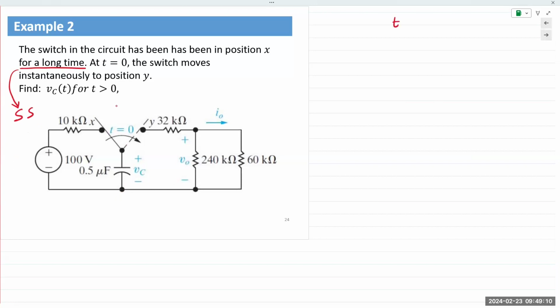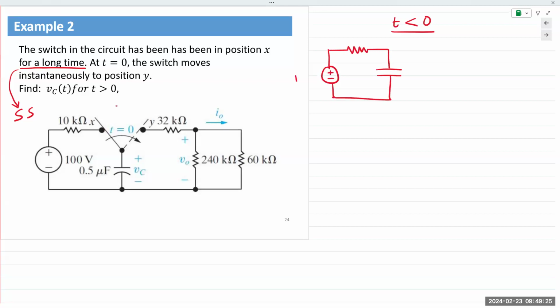So I'm going to draw the circuit for time t less than 0, and it simply comes out to be a voltage source along with a resistor and then a fully charged capacitor.